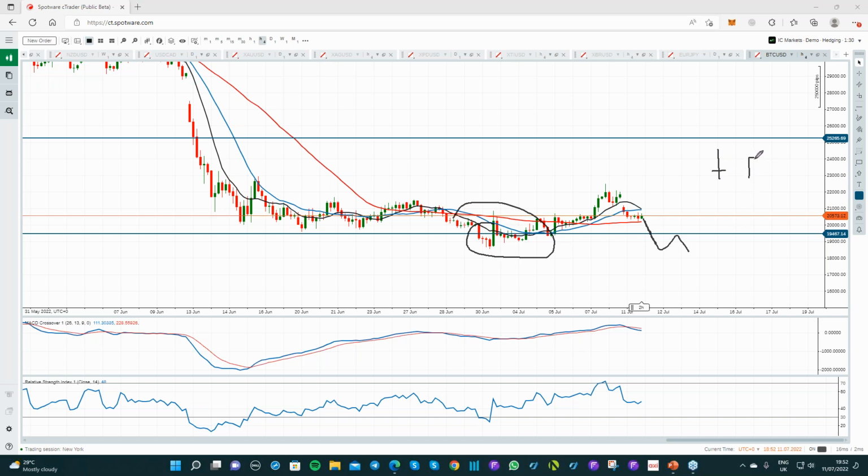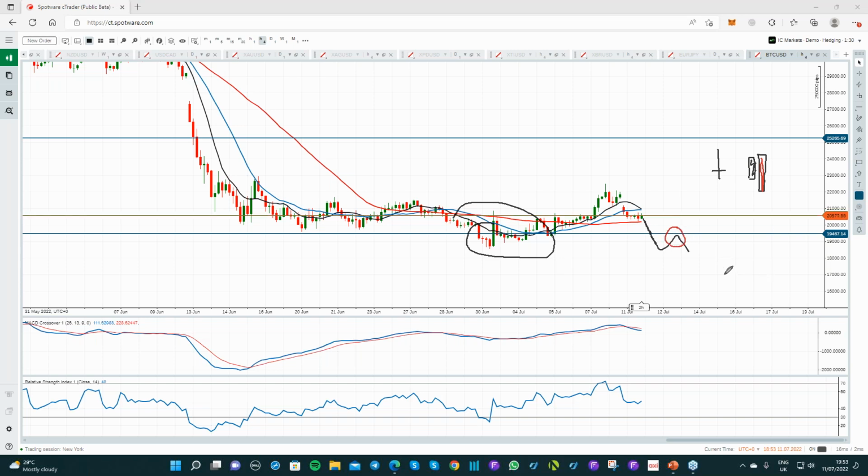Maybe it'll be a 2-bar candlestick pattern where I've got a strong bearish, if that one was green and this one's red, strong bearish, there we go, strong bearish candle, something like that in this area.